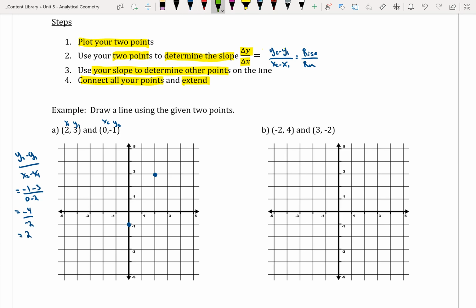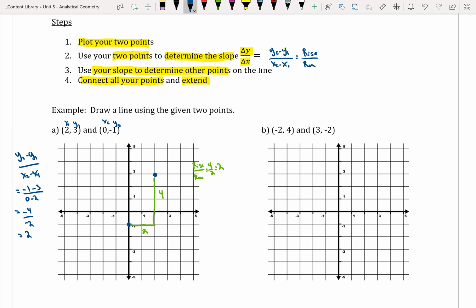The other way you could do this is, because you've already plotted your points, you can find the rise over run from these points. So from one point to the next, you're going right 2, or +2, then you're going up 4, +4, so your rise over run is equal to 4 over 2, which simplifies to 2.